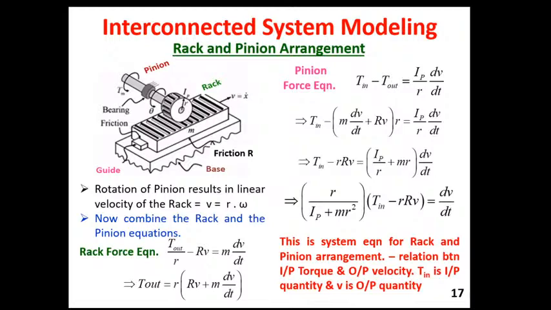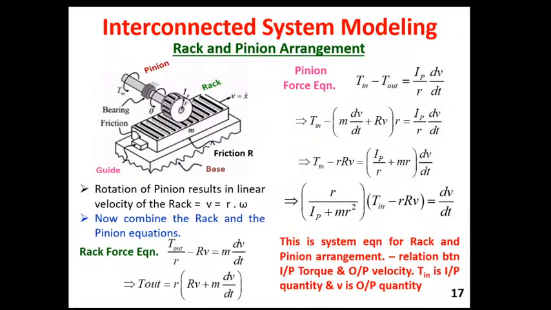And then finally we have seen the most complicated model so far. The model is not complicated from a mathematical point of view, because the rack and pinion is only a first order system, so it is not very complicated for analysis, but there are a lot of parameters related to this rack and pinion arrangement.